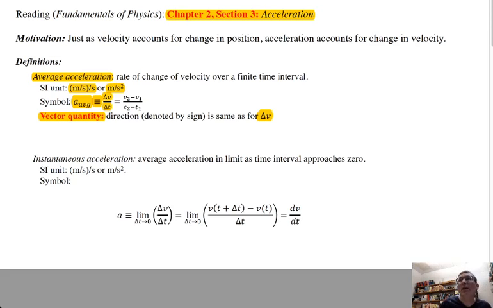That's really all I'm going to say at this point about average acceleration, other than that if you are asked to calculate an average acceleration, this is what you should use: delta V over delta T, and presumably there is enough information given to figure it out.